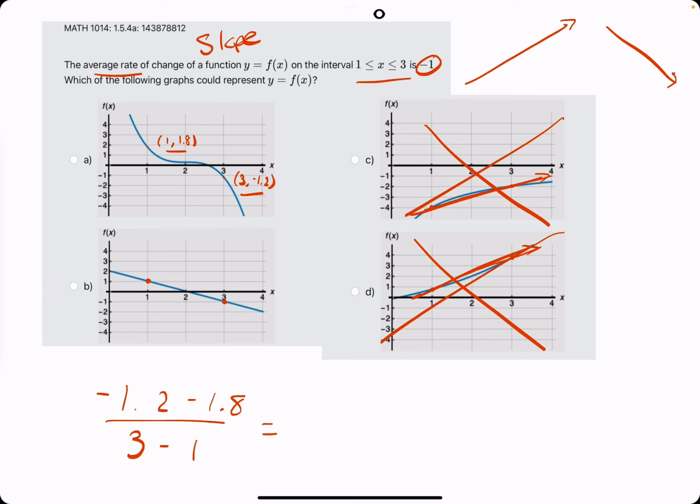And what we should get is -3 over 2, and that is -1.5. So that is not equal to -1. So we can eliminate this one because the slope between those 2 points, or the average rate of change between 1 and 3, is not -1.